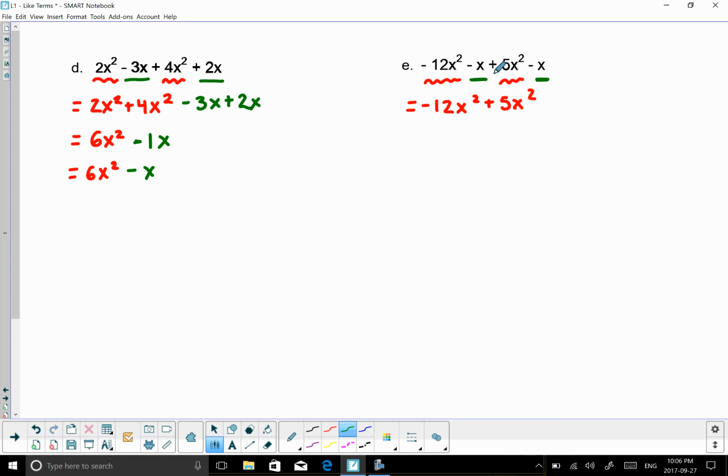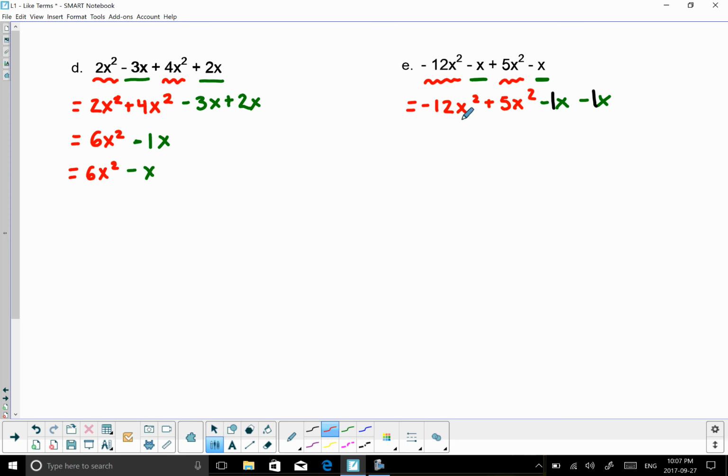So these are both x's with the same exponent, that's just a 1. When you see negative x, and there's no number in front of it, the coefficient is always going to be that invisible 1. So it helps to write it in.